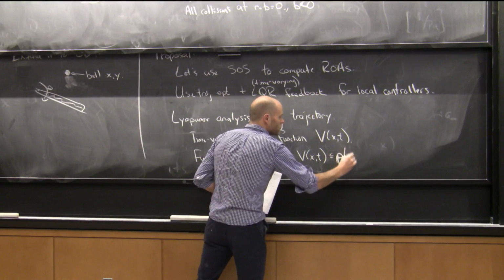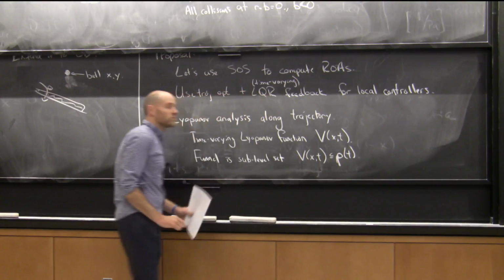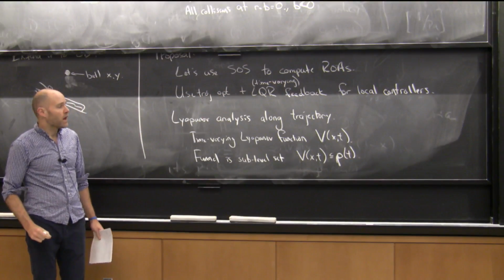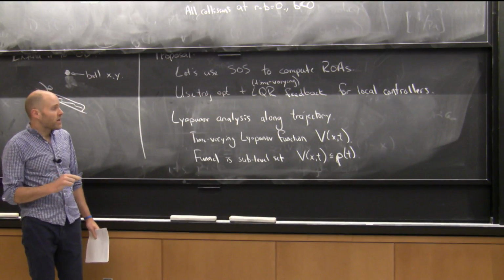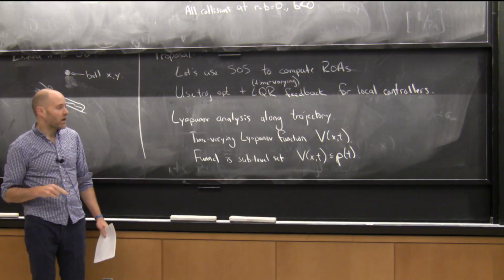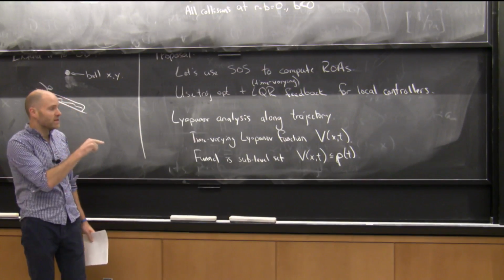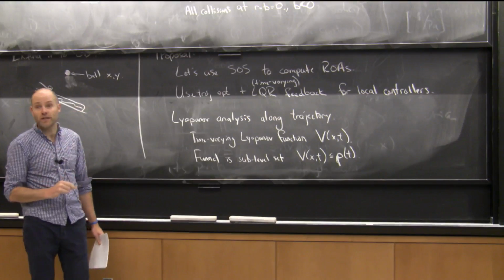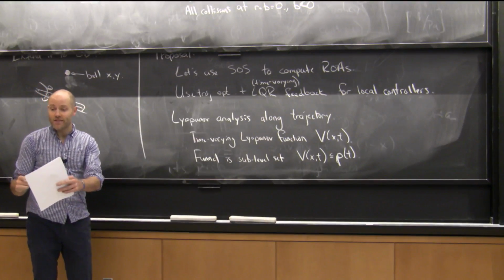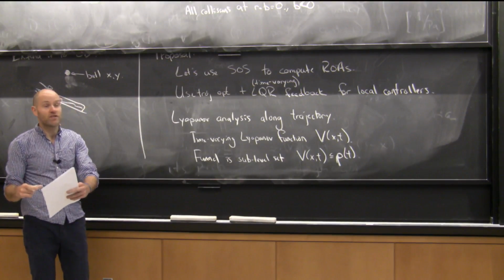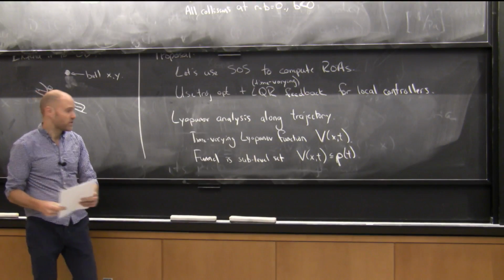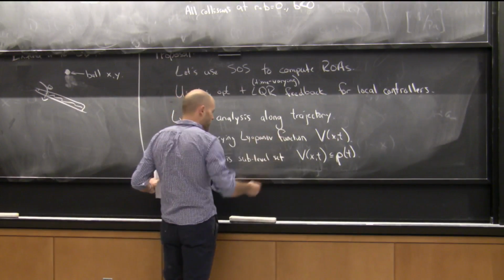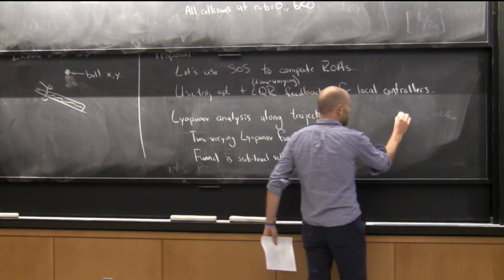Some variable rho of t, let's say. And I'd like to make sure that I have final conditions where the sublevel set at the end of the trajectory had better live inside the initial conditions of the region of attraction for the funnel I'm dumping into, right?